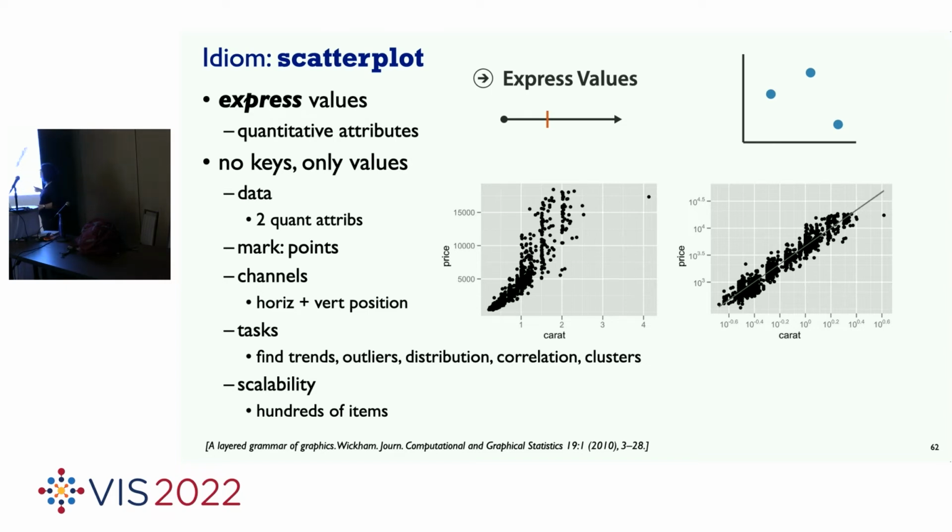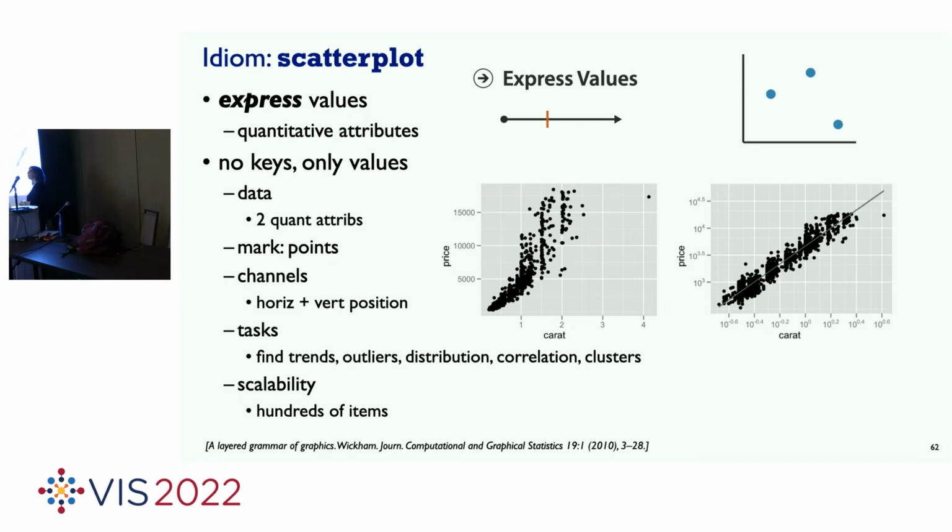Now, here's a question. I've set up this kind of systematic way to think about this: what data, what channels, what tasks. And when I talk about scalability, I'm going to think about what if you had 1,000 by 1,000 pixels in which to draw this, just as a baseline. And we're going to think, well, how many items could we draw? Well, we could certainly try to fit hundreds. It might depend a bit on the characteristics of the data. With some data sets, there's a lot of overplotting. There's a lot of points all on top of each other.